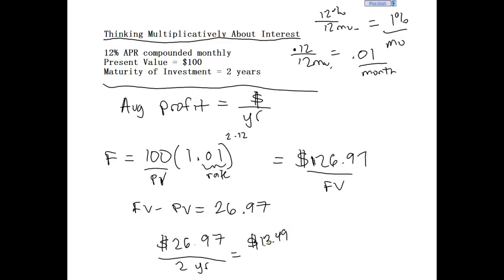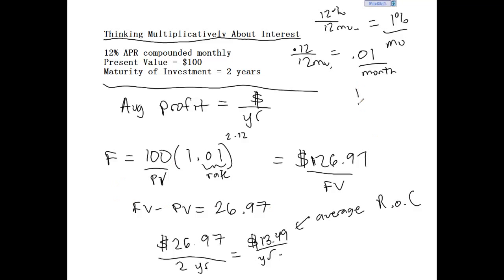Okay, you could probably agree with me, hopefully, that you didn't earn $13.49 the first year and $13.49 the second year. This is merely an average rate of change, average ROC. This is just an average rate of change.